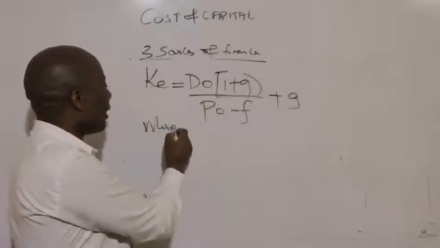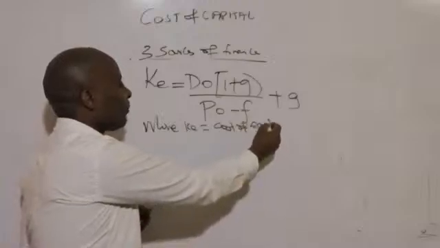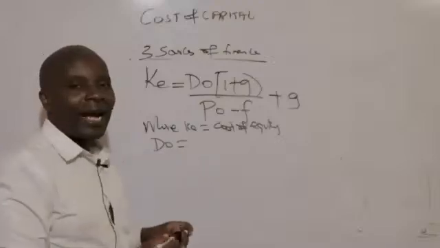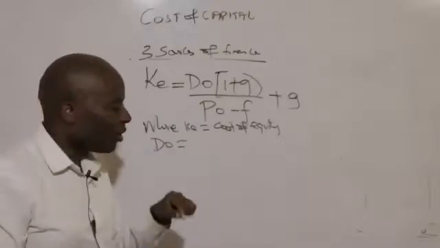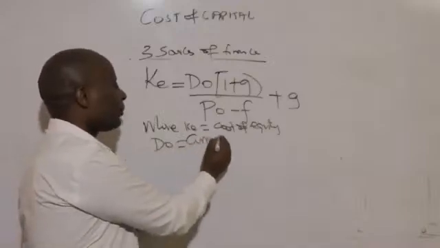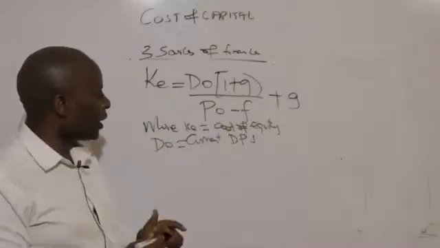Where KE stands for cost of equity. D0 stands for current. 0 means today. So D0 means current dividends per share. Please write in full: current dividends per share.